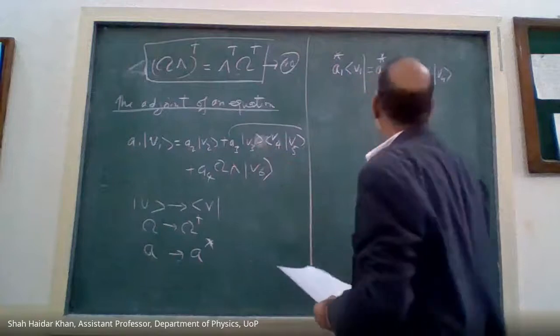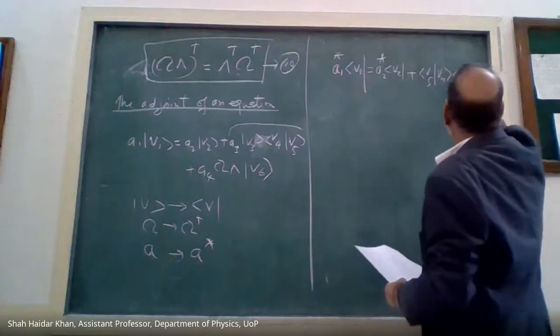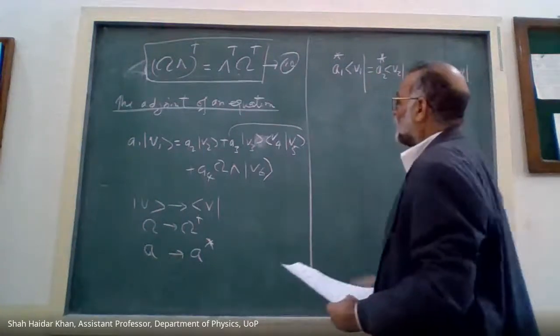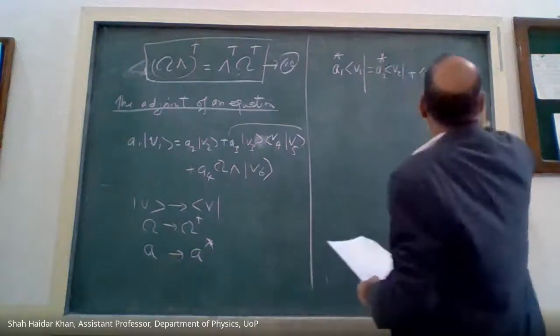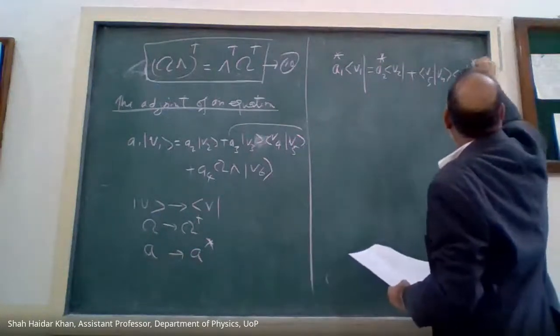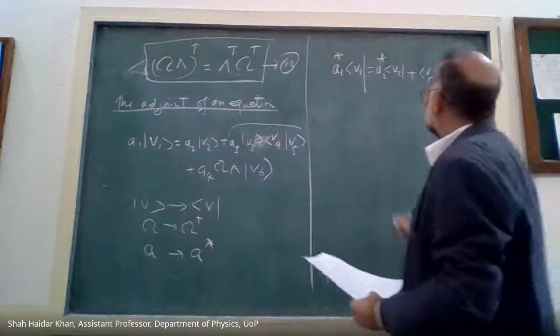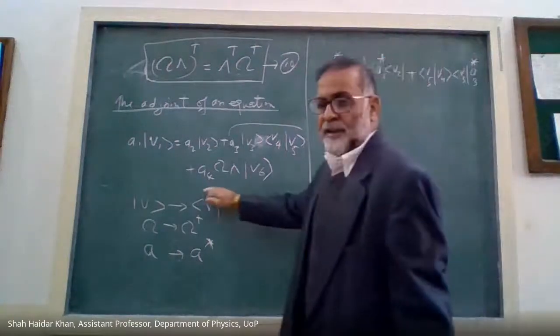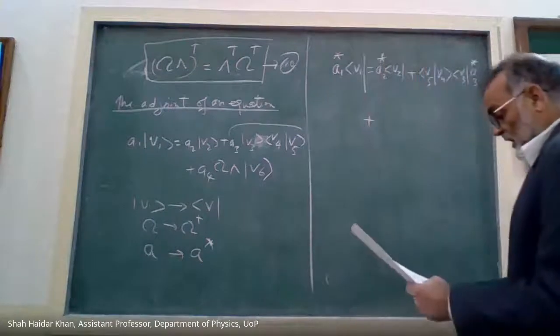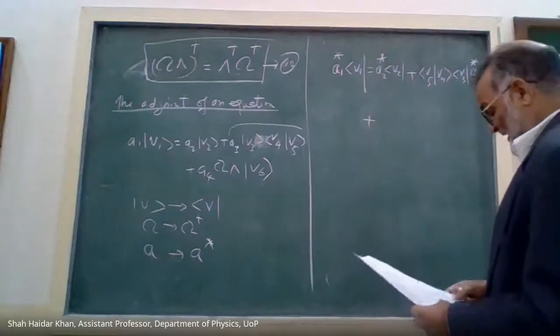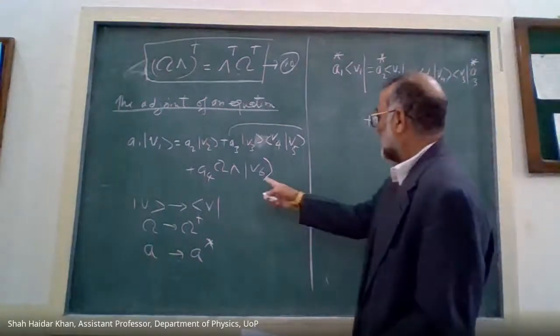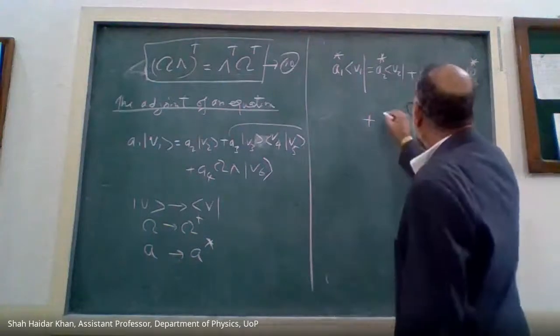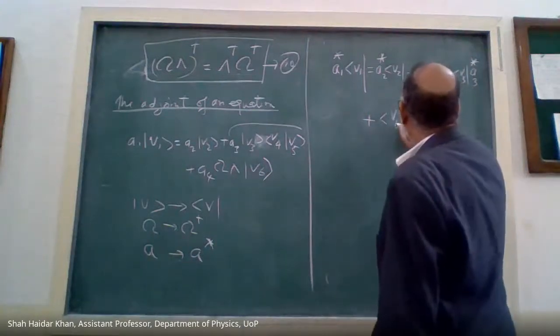There is another ket, we make it a bra, V3. There is A3, we make it A3 star. Plus, here again we have to change the order. So it will be like V6, so we make it V6 bra.